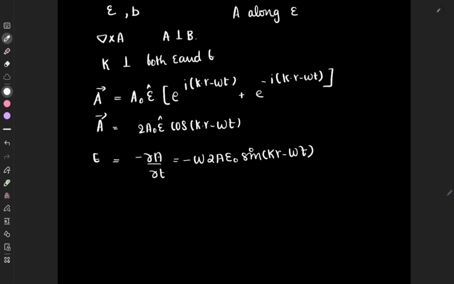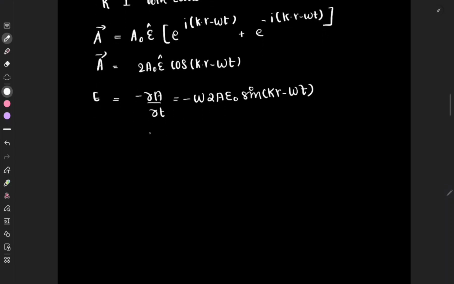Now I can substitute minus 2 A naught omega to be E naught, so I can rewrite it as E equal to E naught epsilon naught sine (k dot r minus omega t).